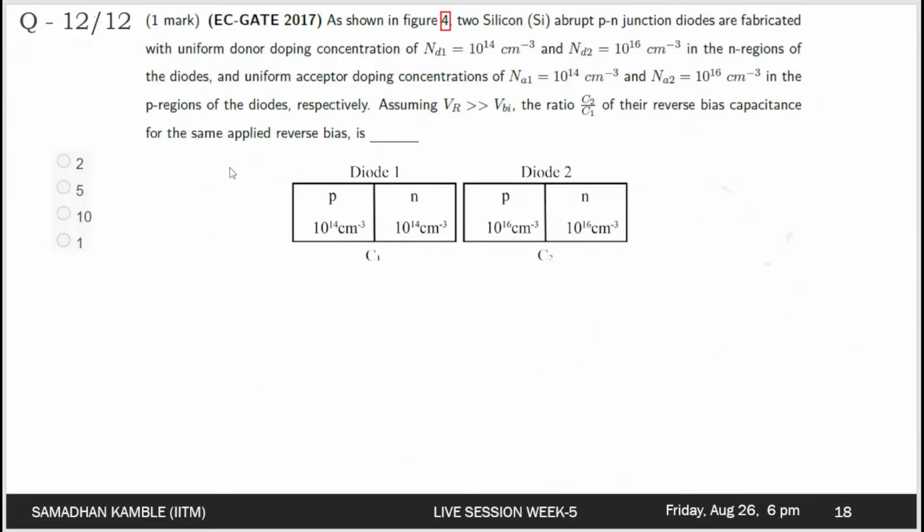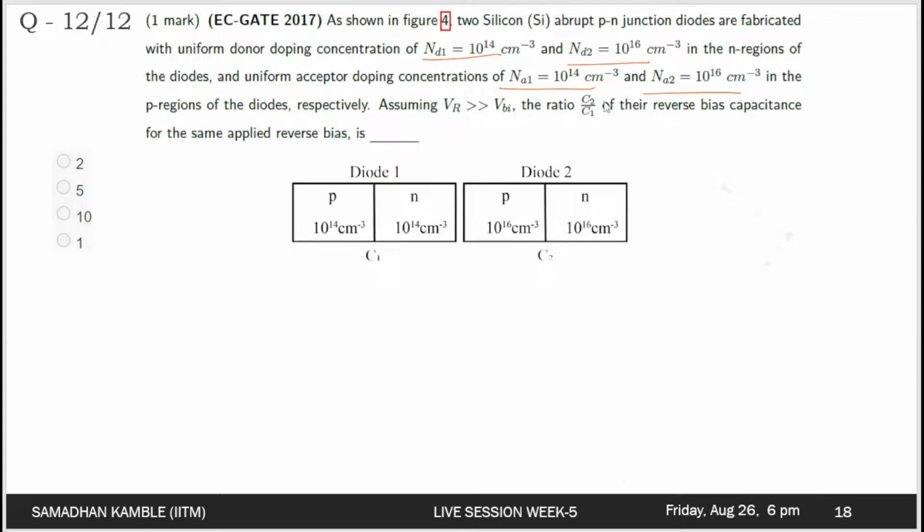This is also a GATE question. It appeared in EC GATE 2017. The question is as follows. As shown in the following figure, two abrupt PN junction diodes are fabricated with uniform donor doping concentrations ND1 and ND2 in the N region of the diodes, and uniform acceptor doping concentrations Na1 and Na2 in the P regions of the diodes respectively.